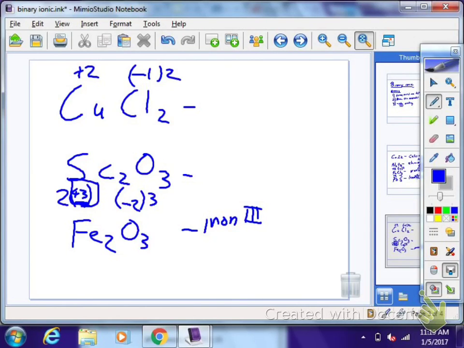3. I don't know how many times we have students that do one like this, and they'll write iron 2. Because they'll go, oh, that's a 2 there. So it's iron 2. Okay? Or they'll say students will do this first one and they'll go, oh, I only have 1 copper, so it's copper 1. What's the Roman numeral represent?